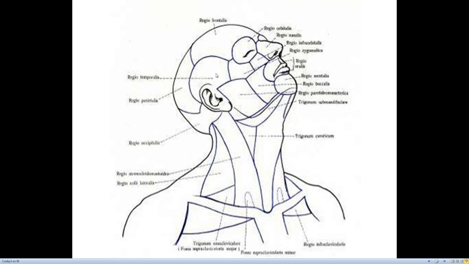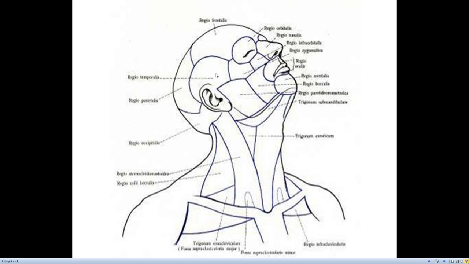And the mastoid region. According to its location, the mastoid region mainly belongs to the base of the skull, but according to its structure, it doesn't have a difference from the regions of the calvaria.